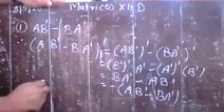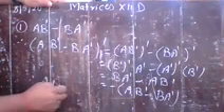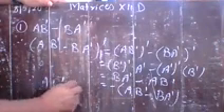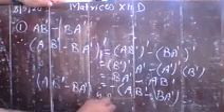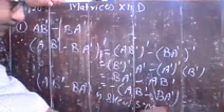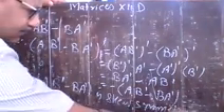So write it: AB' minus BA' is skew symmetric. So it's proved that it is a skew symmetric matrix. In this way, you can check whether it is symmetric or skew symmetric.